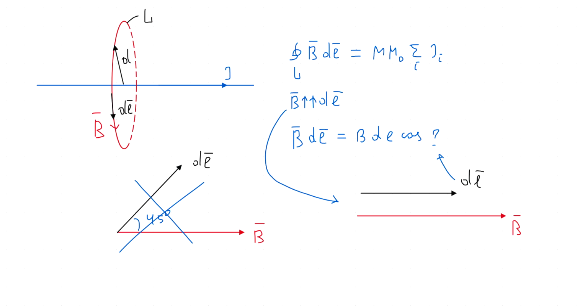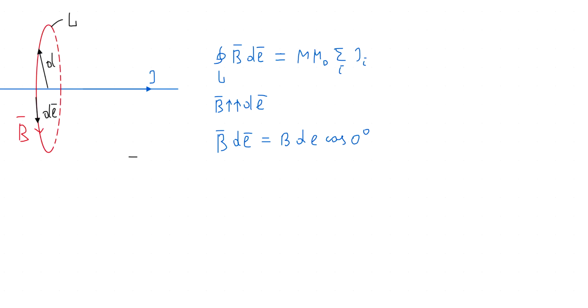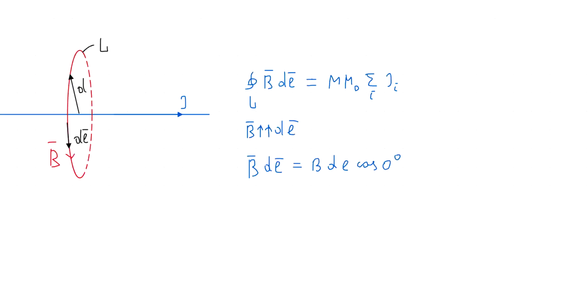And so we can write that it will be 0 degrees. It means that we have chosen such a circuit L that the angle between vectors B and DL is equal to 0.